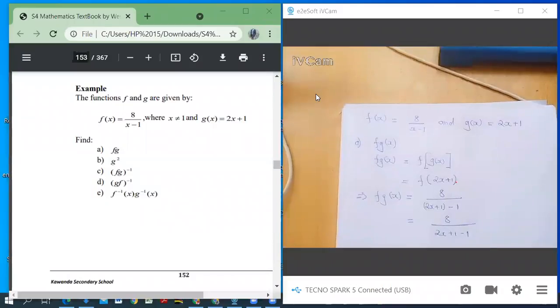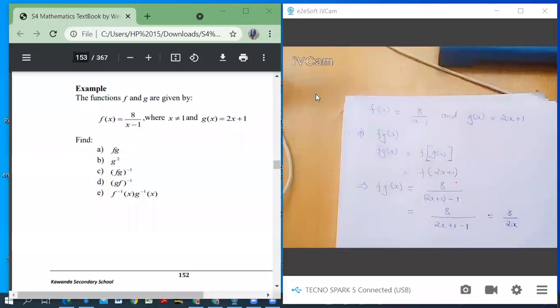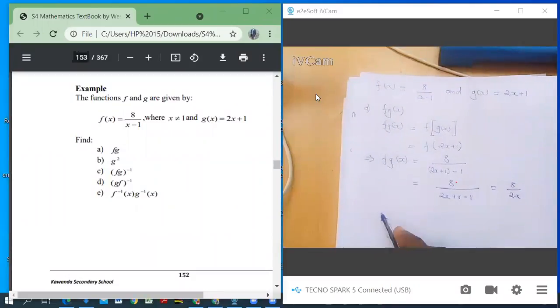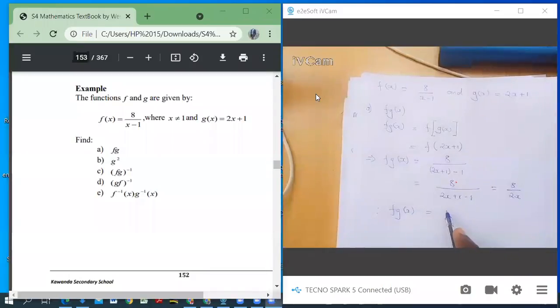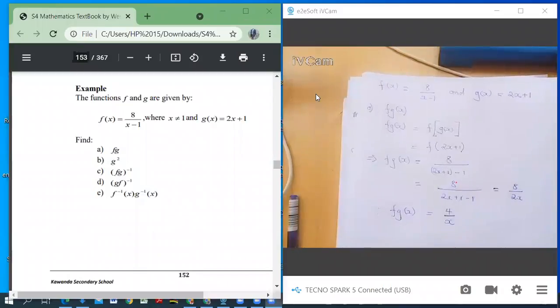The 1 minus 1 cancels out, and we remain with 8 over 2x. I see there's a common factor there. What is that common factor? 2. When you reduce it, our fg of x will be equal to 4 over x. Very good.